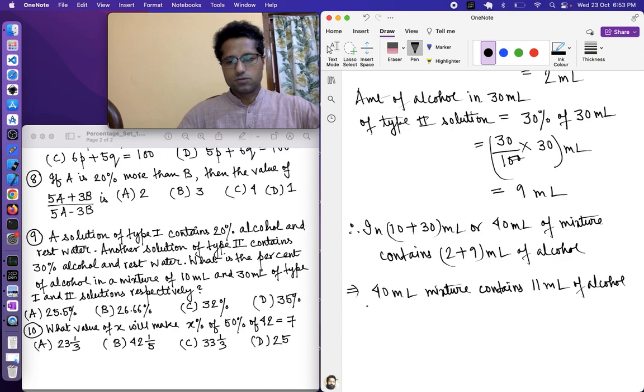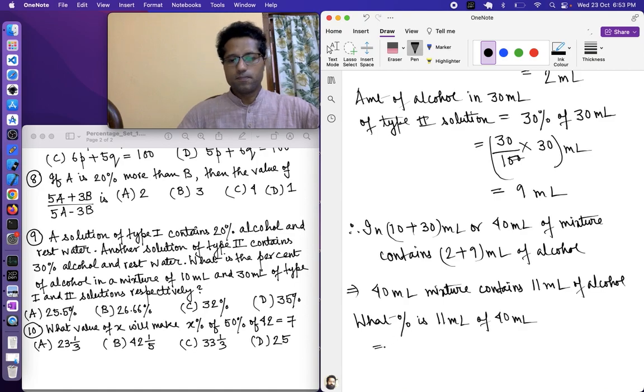So the question is now to answer what is the percent of alcohol in the mixture. We have to answer what percent is 11 ml of 40 ml.